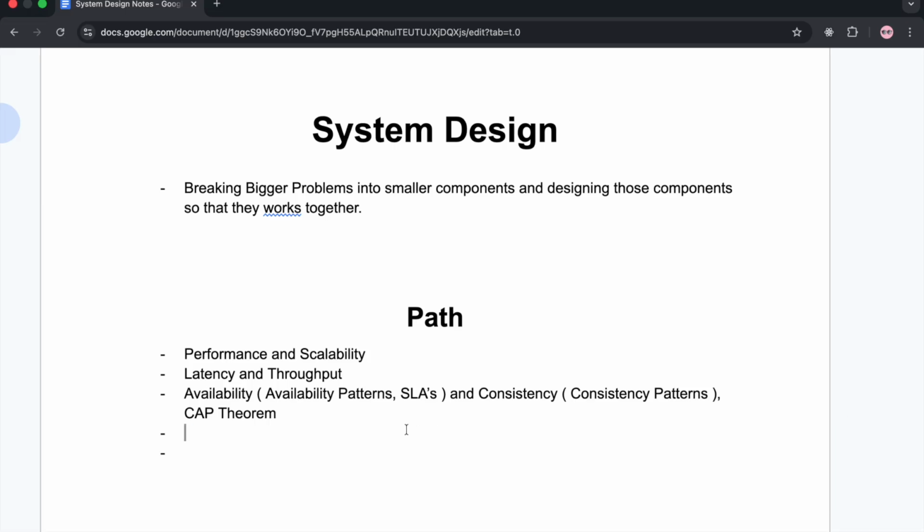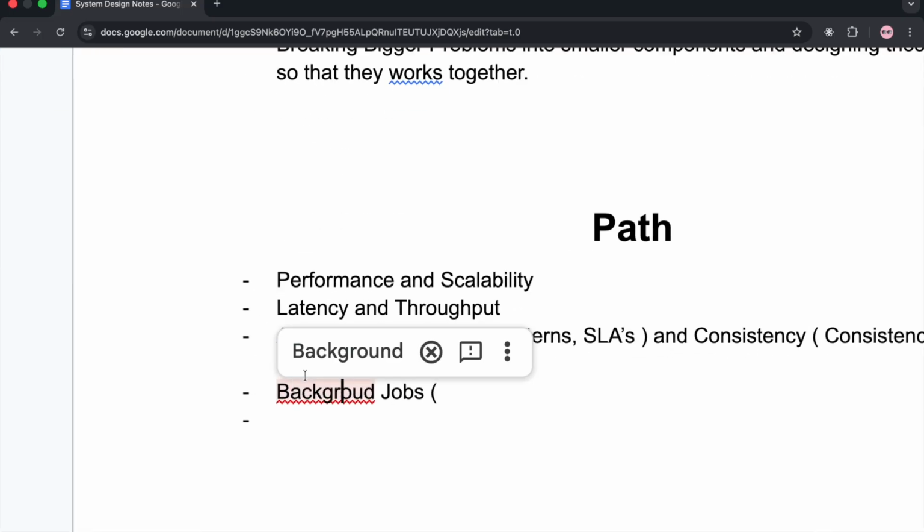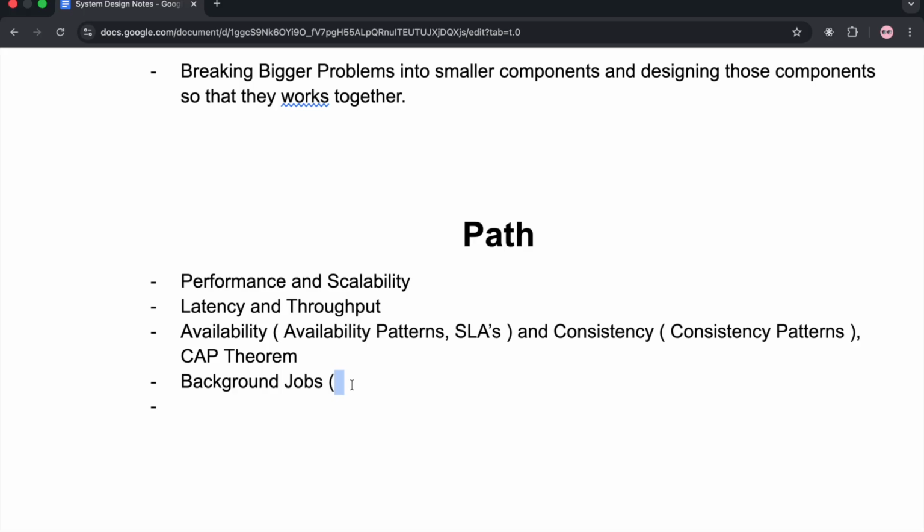And after that, we will go to background jobs. In background jobs there are many things like cron jobs and scheduled jobs, right?